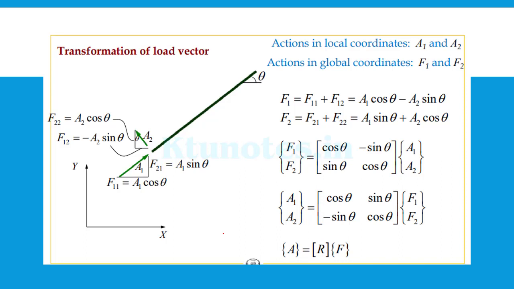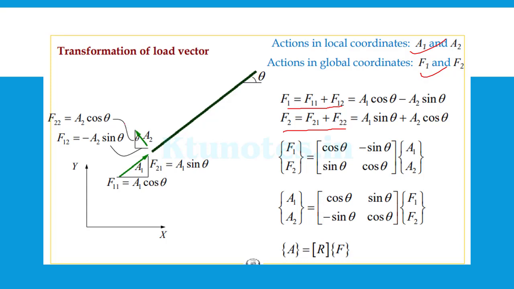For the transformation of the load vector, instead of d and u, we have actions in local coordinate given by a1 and a2, and actions in the global coordinate given by f1 and f2 in place of u in the displacement case. Okay, so we know f1 is equal to f11 plus f12, f2 is equal to f21 plus f22.